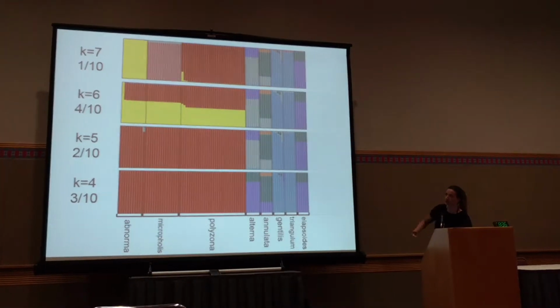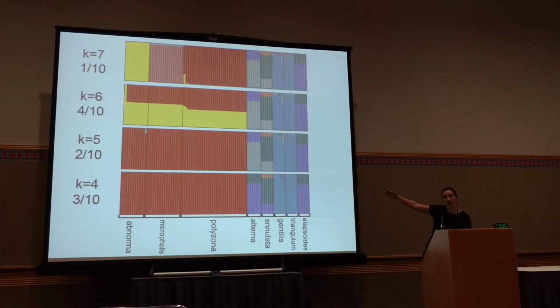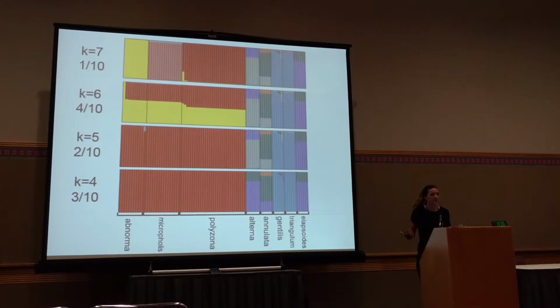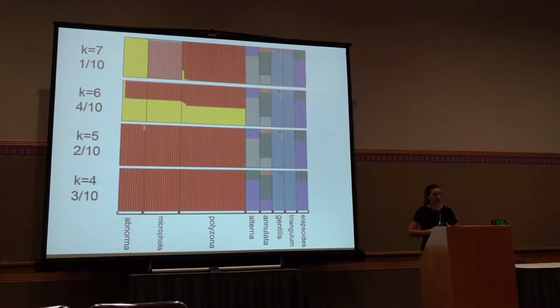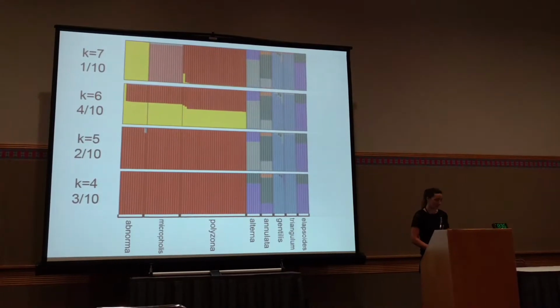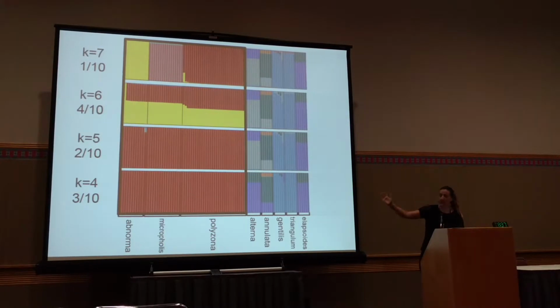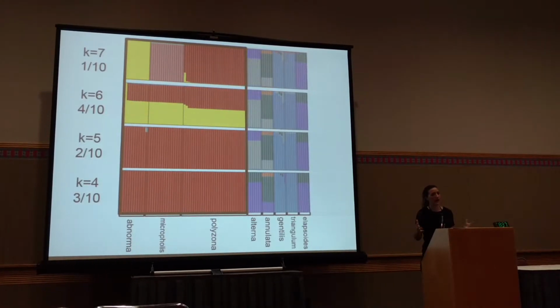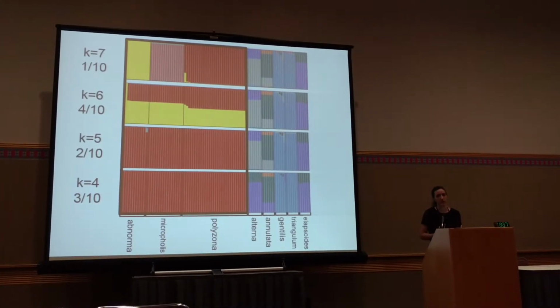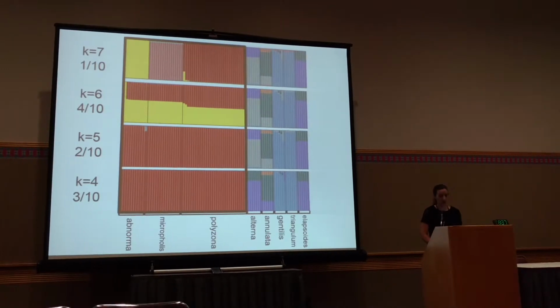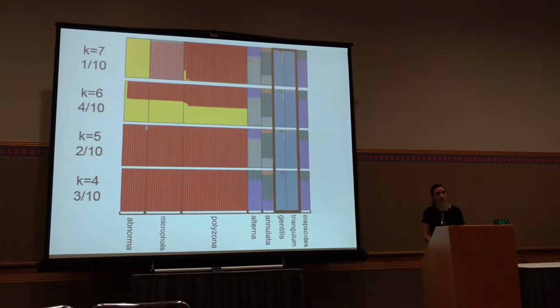So you can see here with K values ranging from 4 to 7, which means that the program wasn't converging, even if I ran it for a very long time. So 2 things to note from here that are consistent are, again, that Polyzona, Micropholus, and Abnorma are forming a single cluster, seemingly, and the Gentilis and Triangulum are as well, like Ruan et al. found.